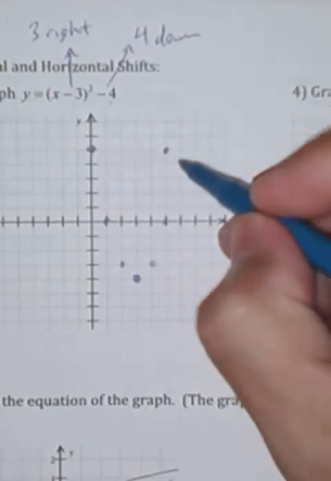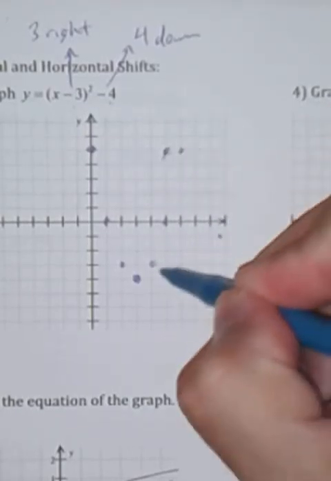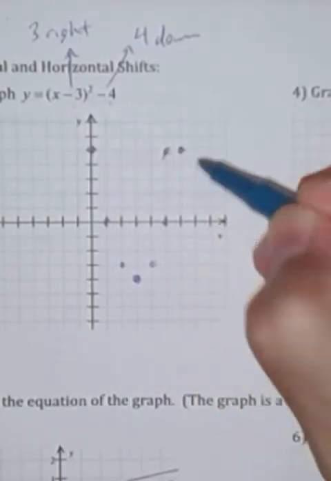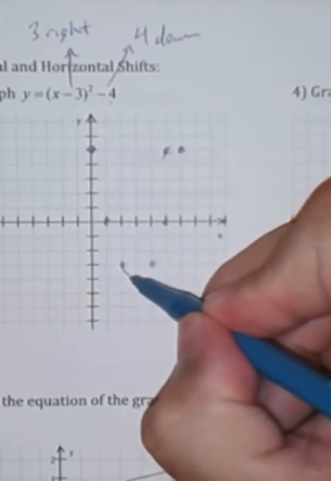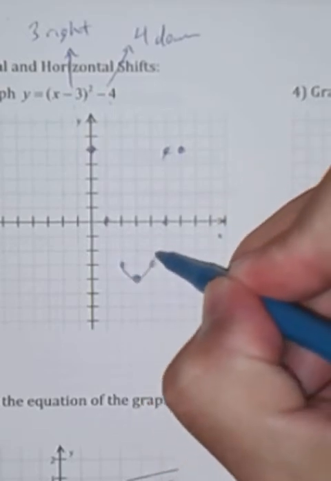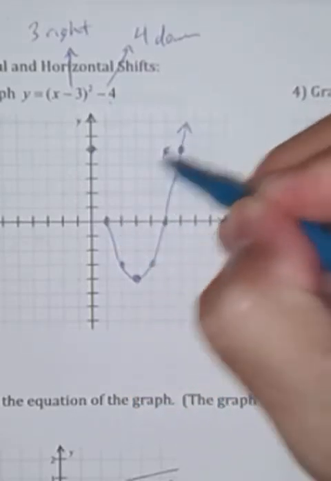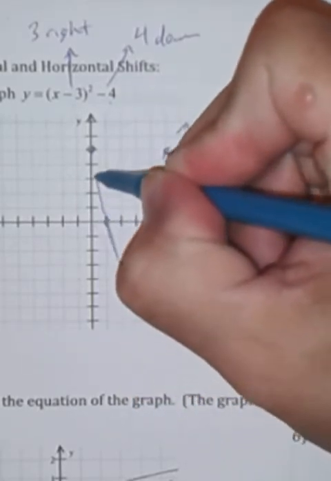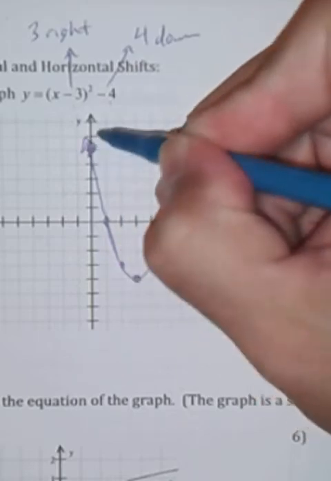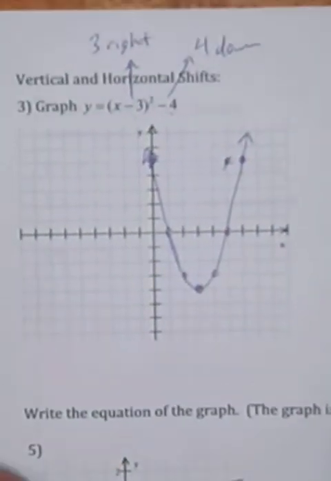Oops, I'm sorry about that. It's 3, 9. And I'm just going to connect them, try to be as smooth as possible. There's my parabola.